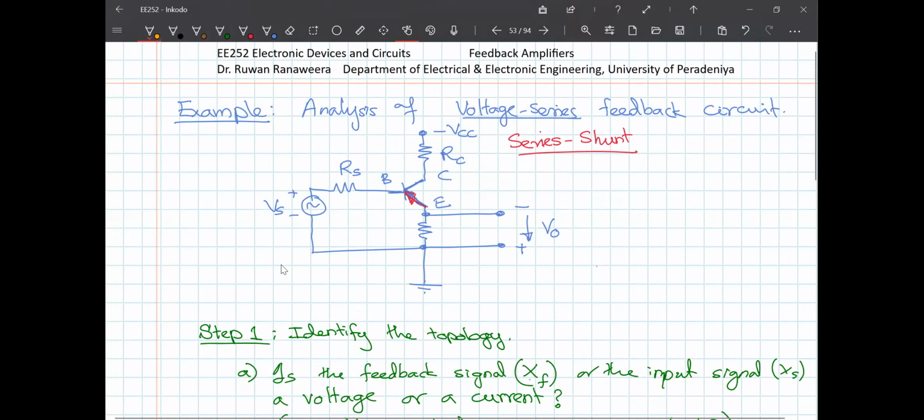What is the input circuit here? The input loop is this. That's my input loop. You have a voltage here. Now you can see that current is flowing in this direction, so the voltage is in this direction across this, and the voltage across this in this direction.